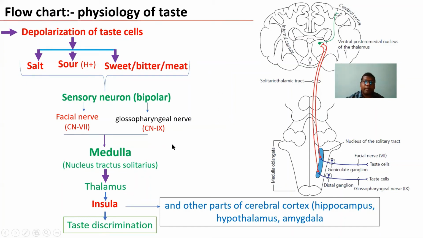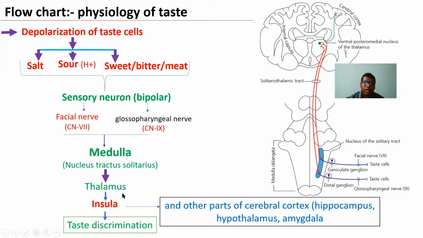From there, the vagus nerve also takes information to the nucleus tractus solitarius. I will show the diagram. So here I have shown two cranial nerves, cranial nerve 7 and cranial nerve 9, that take the information to the nucleus tractus solitarius.